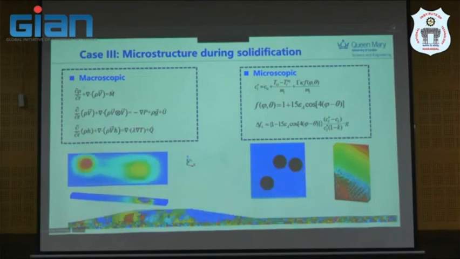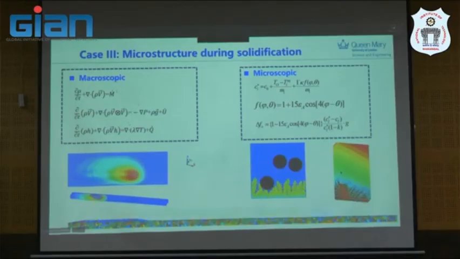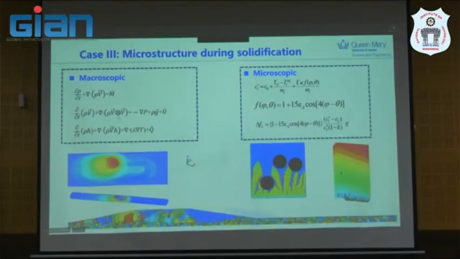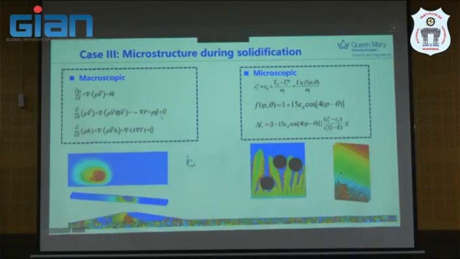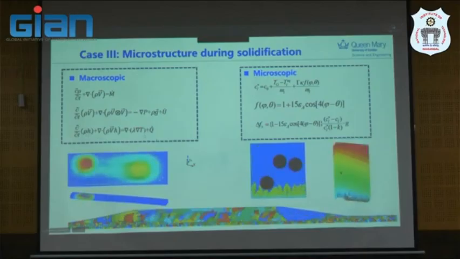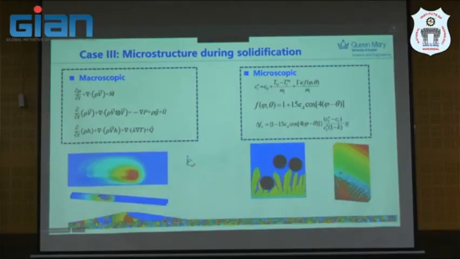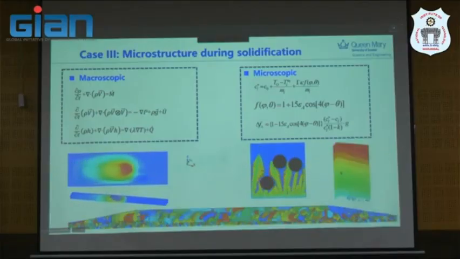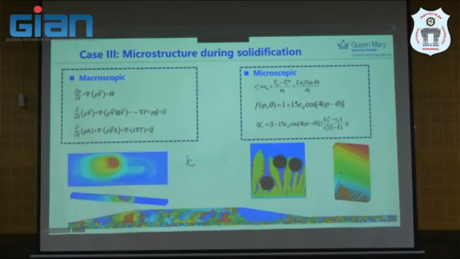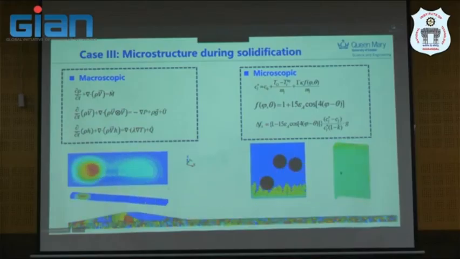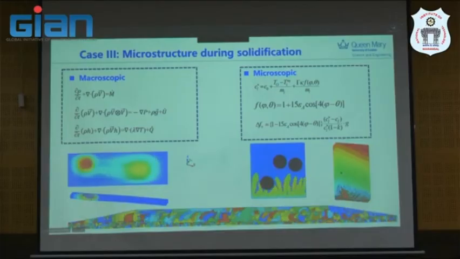Here are the macroscopic equations, including the mass conservation equation, the momentum conservation equation, and the energy conservation equation. These two simulation cases show the temperature distribution and the metal pool evolution.